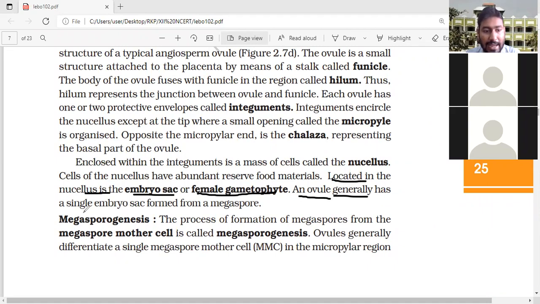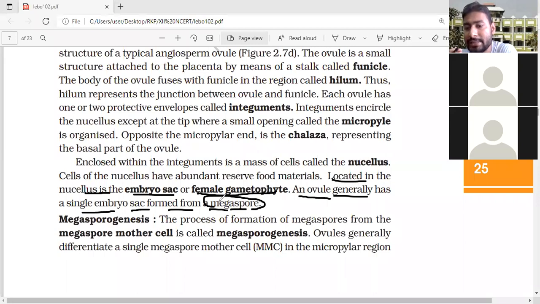An ovule generally has a single embryo sac formed from the megaspore. I told you, during megasporogenesis, a linear megaspore tetrad of four is formed. Out of the four, three degenerate and one becomes functional. That is called the functional megaspore.